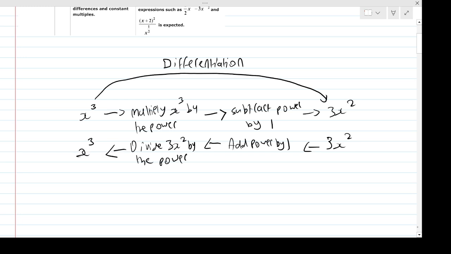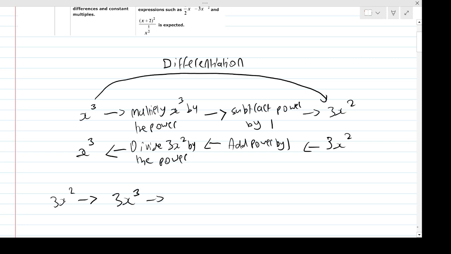Let's verify. In this direction, backwards, we're starting with 3x squared. Going in the opposite way, firstly we add 1 to the power. The power 2 plus 1 is 3, giving 3x cubed.